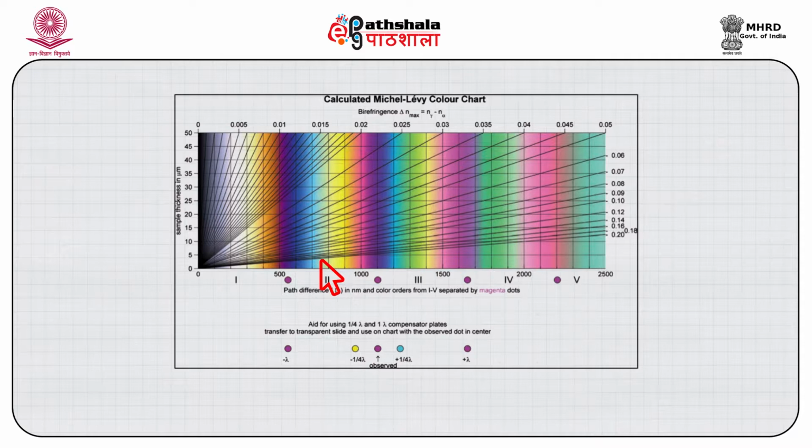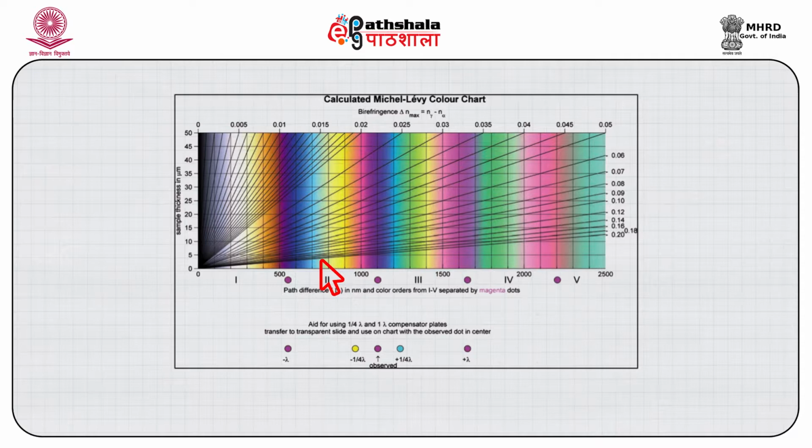The combination of wavelengths that passes the upper polarizer produces the interference color in this case. Accessory plates can also be used in some cases to determine the order of interference color. Apart from this, we can also have anomalous interference color.